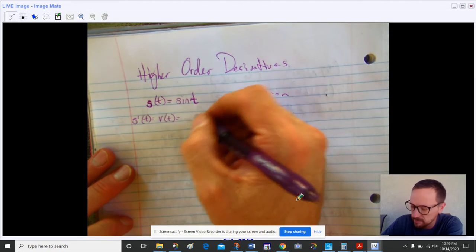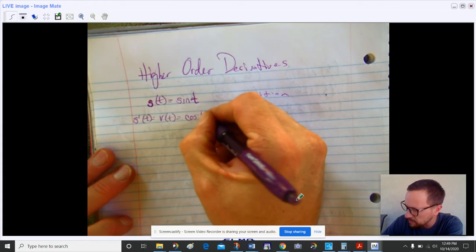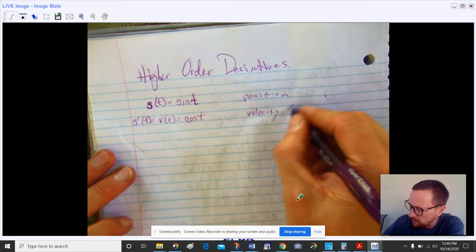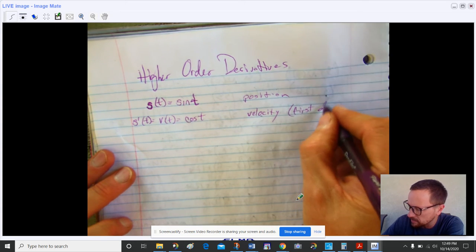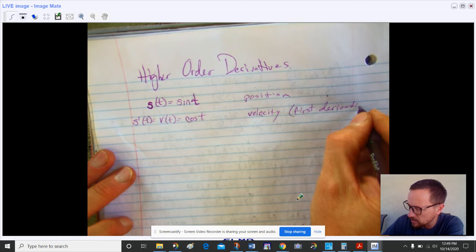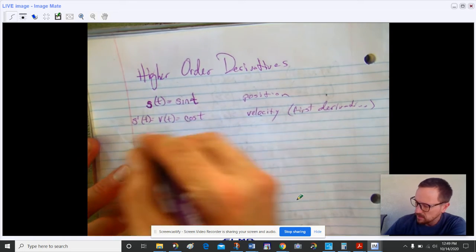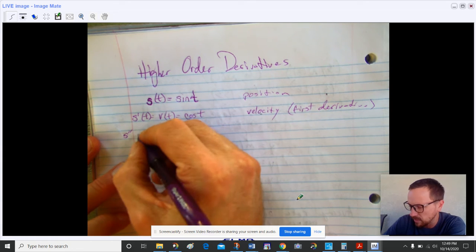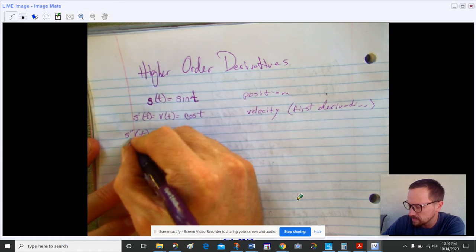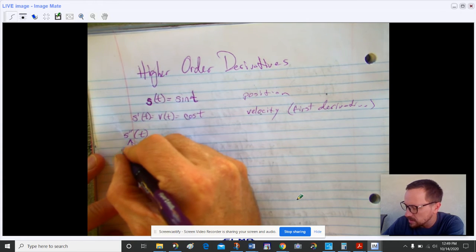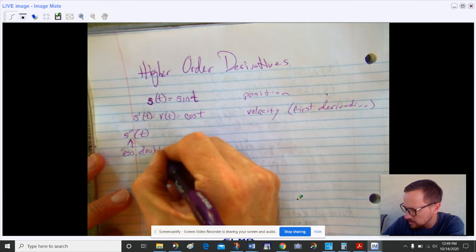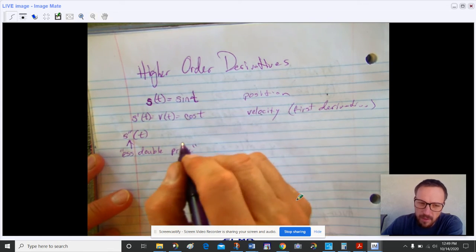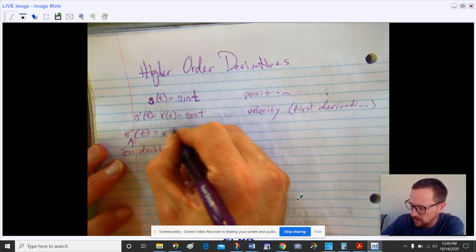What's the derivative of sine of t? Cosine of t, and that's velocity. This is our first derivative. Then we can take the derivative again, so now we have s double prime, which is v prime.